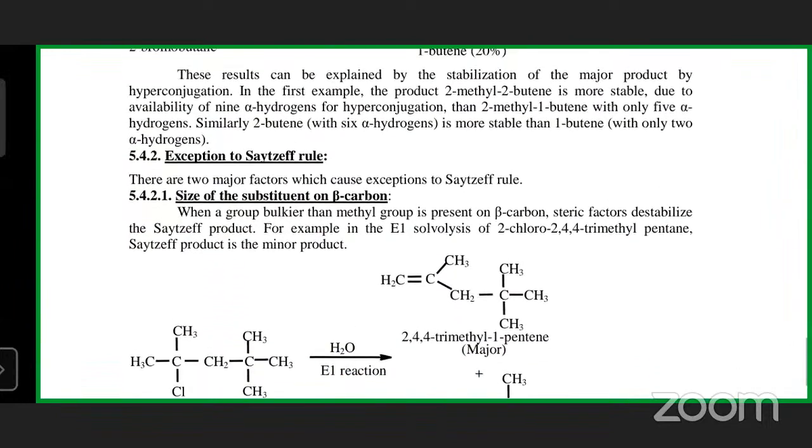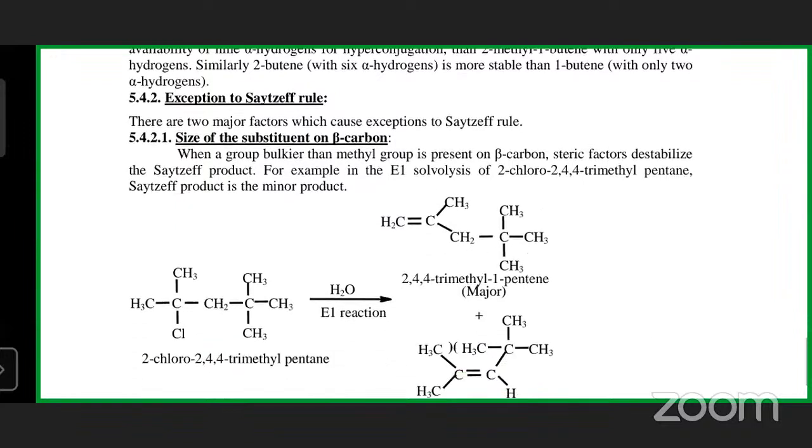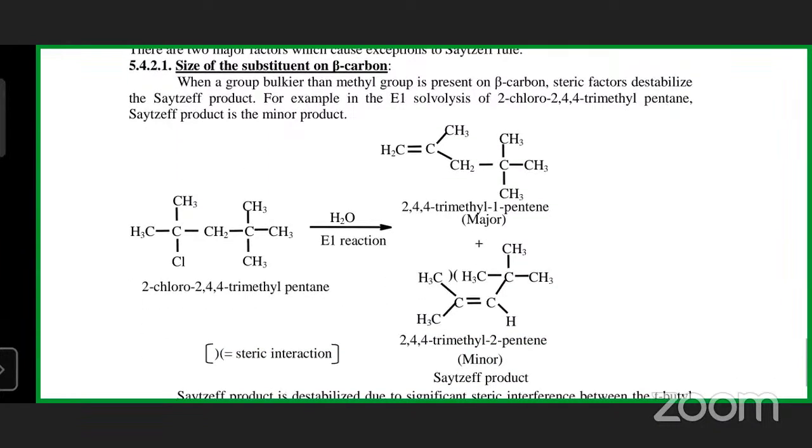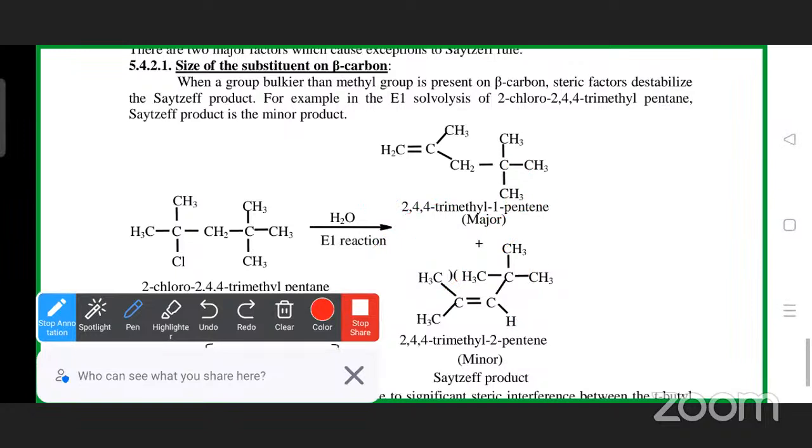There is an exception to this Saytzeff rule. When the substrate molecule is attached with bulky groups, that is, the beta-hydrogen-containing carbon is attached with bulky groups, then the Saytzeff rule fails, and you will get the opposite, the anti-Saytzeff product. Because of the bulk, steric hindrance and steric interactions may operate in this reaction, so the obtained product may not be stable.